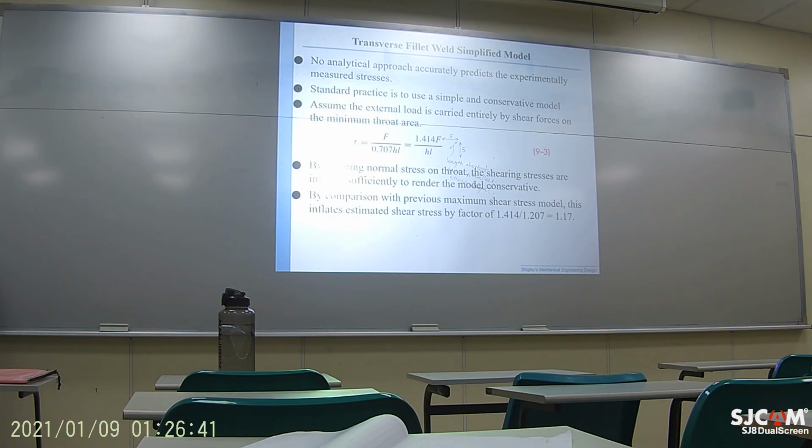Right here. So that's why you have this 0.707. That's basically by the cosine 45 degree, you will have the 0.707 right there.